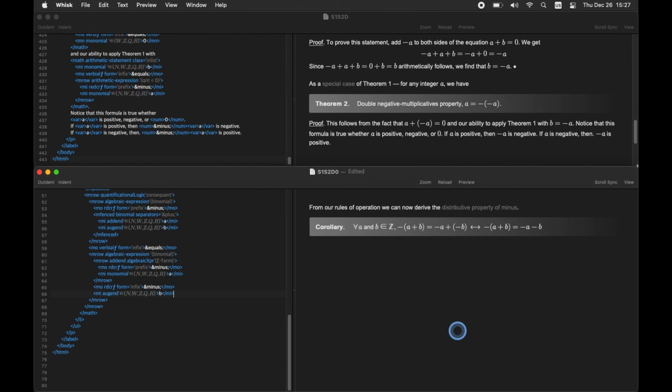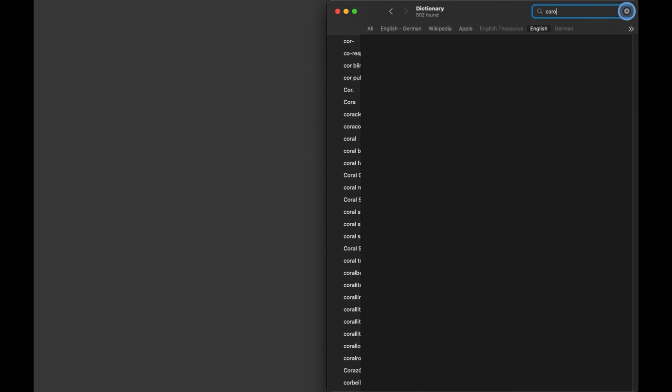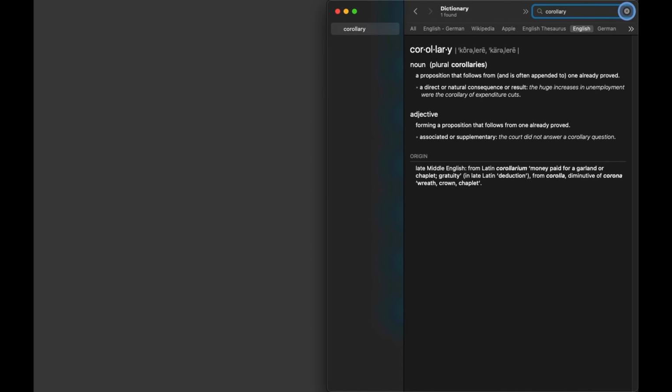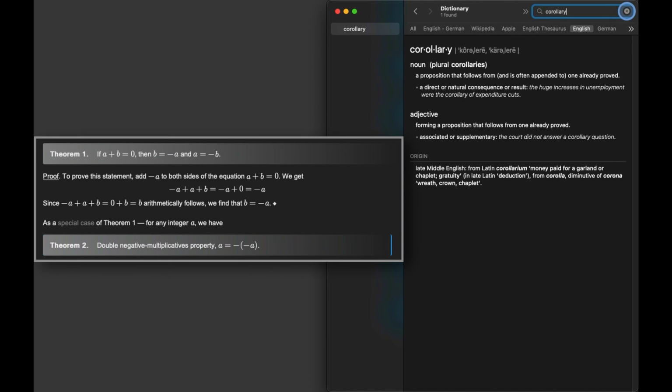By the way, just as a reminder, a corollary is a proposition that follows from and is often appended to one already proved. So in this case, our corollary follows from Theorems 1 and 2. Another way to think of it is as a direct natural consequence or result of something else. We want to show that the distributive property of minus follows naturally from Theorems 1 and 2.